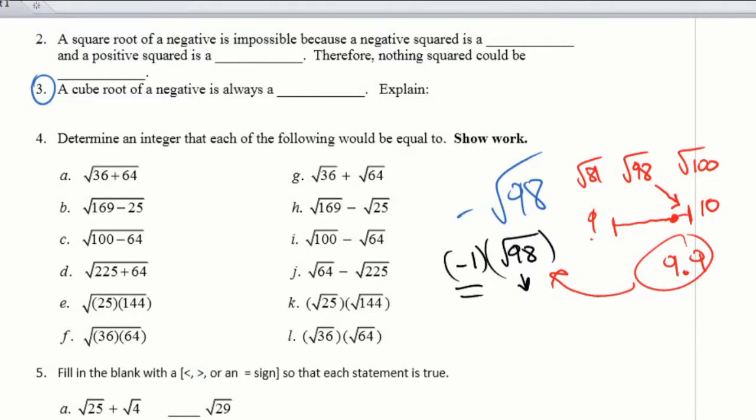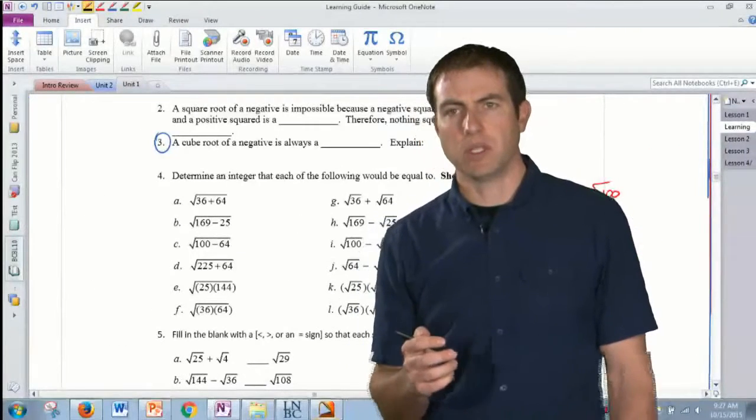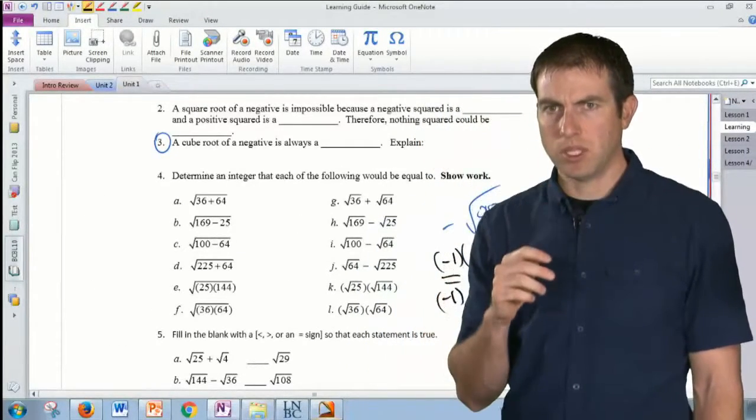So I have this -1, and then I've estimated this as 9.9. I'm just going to do the multiplication and get -9.9. And of course, it's just an estimate. So if you had like -9.8 or something like that, that would be completely fine. Does that help you, Shayna?